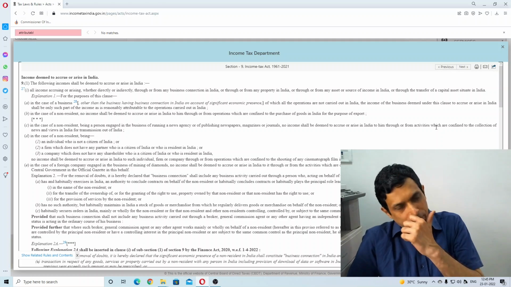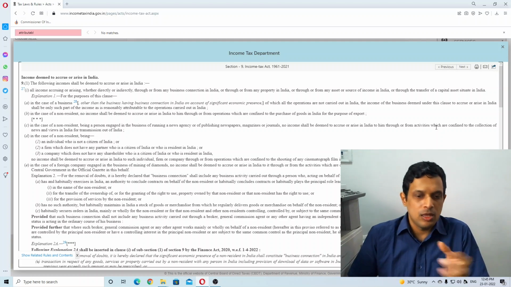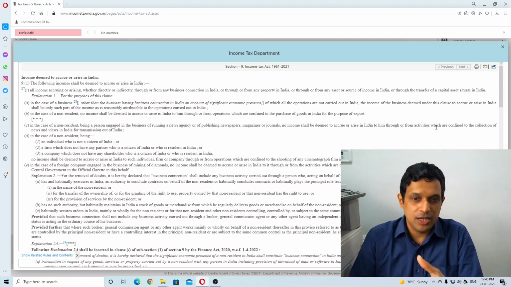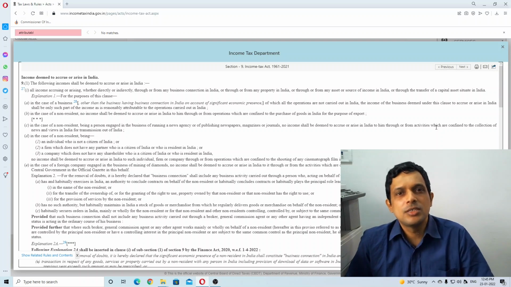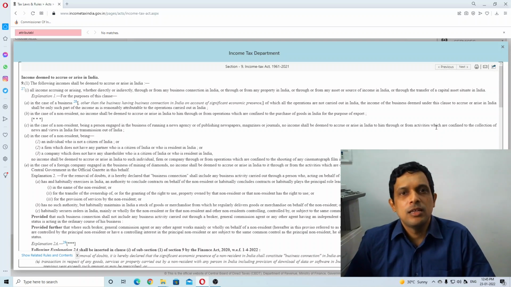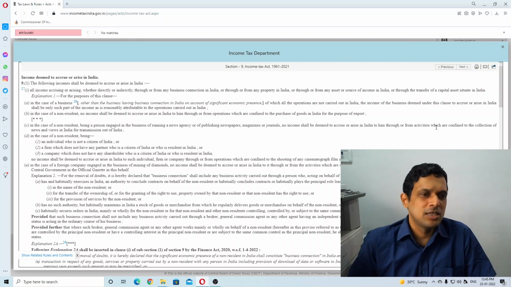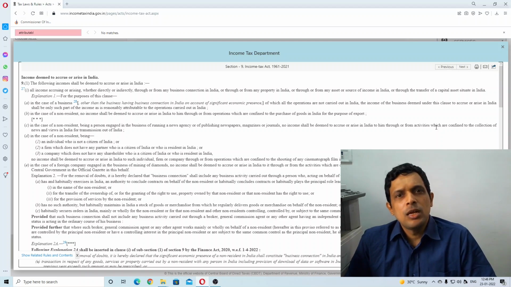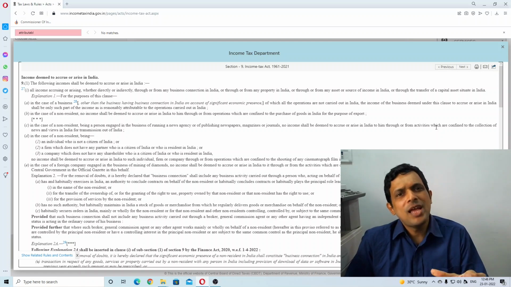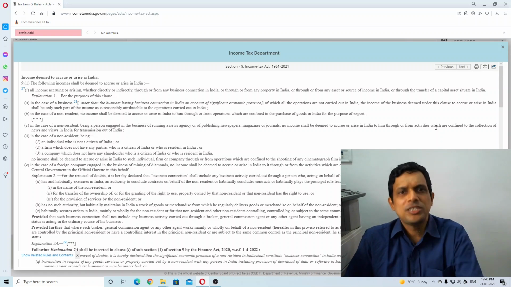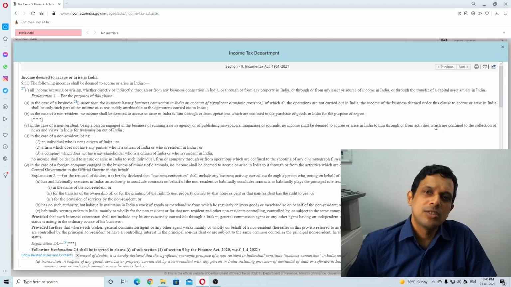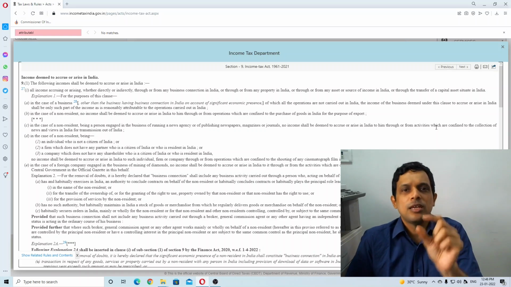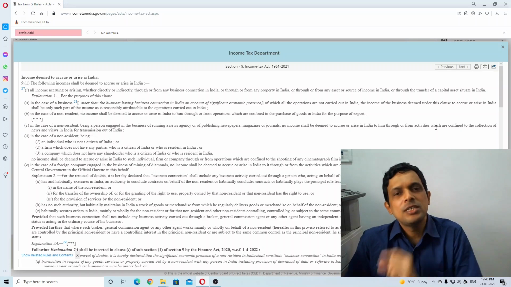So in other words, it means that only the operations carried out by the non-resident in India, where say for example it can be an office, it can be a branch, it can be any kind of establishment here, the income which is reasonably attributable to the operations that is carried out by the non-resident in India will be only the income taxable of that non-resident in India.